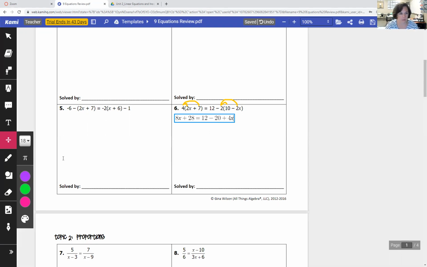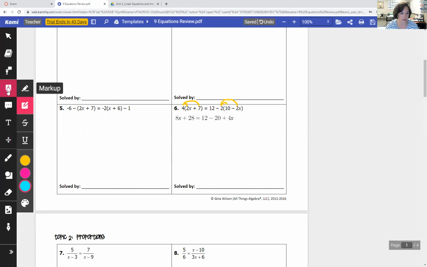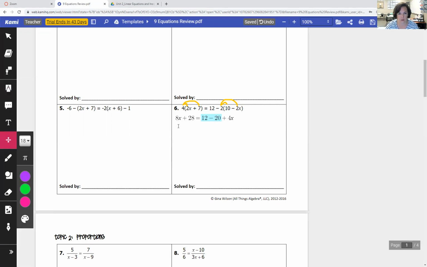Okay, so if I look at this, I can see that I have some like terms right here. Once I've distributed, I will combine my like terms and I get 8x plus 28 equals -8 plus 4x.